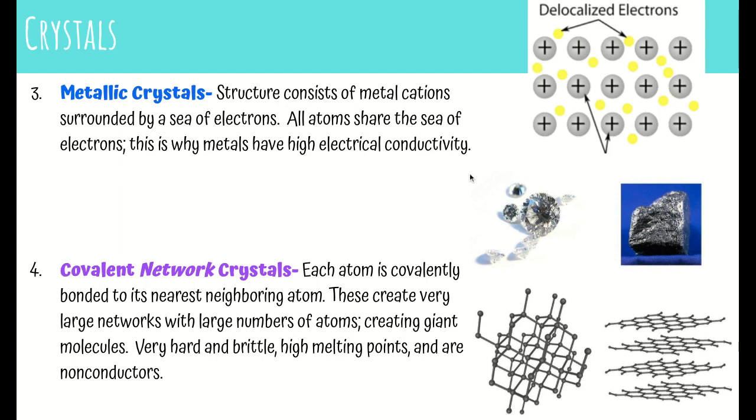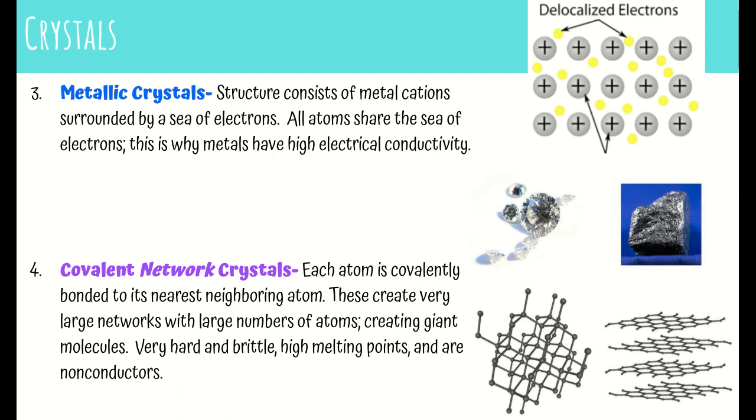And the very last thing to talk about is the covalent network crystals. Okay, so each atom is going to be covalently bonded to the neighboring atoms, right? So these create really, really large networks with large numbers of atoms. So these would be huge, huge molecules, right? These are going to be very, very hard. They're going to be very brittle. They're going to have really high melting points.